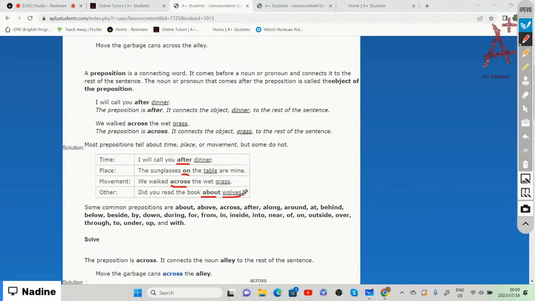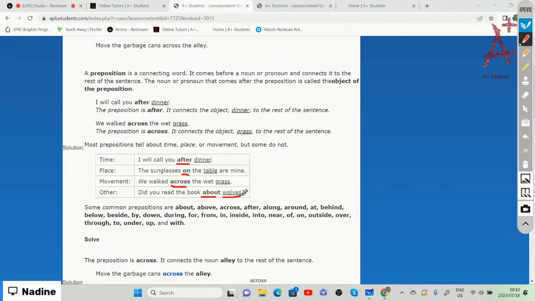For example, some of our common prepositions are about, above, across, after, along, around, at, behind, below, beside, by, down, during, for, from, in, inside, into, near, of, on, outside, over, through, to, under, up, and with.